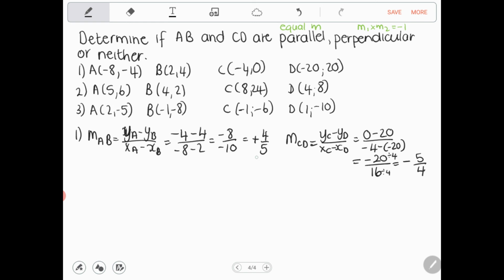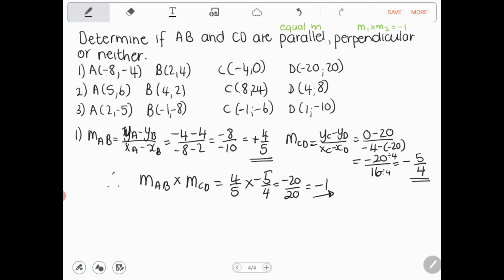So what do I know about these two gradients? They're not equal to each other, but can you see that they invert? We flip them upside down and we've changed the sign. So therefore, the gradient of AB times the gradient of CD is going to be 4 over 5 times -5 over 4, -20 over +20, which is -1.